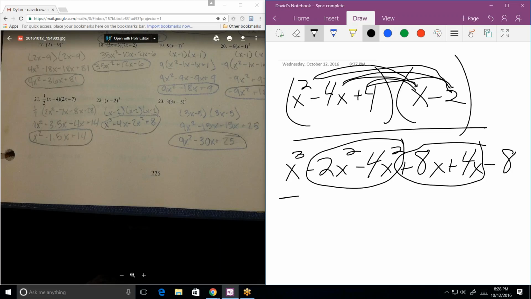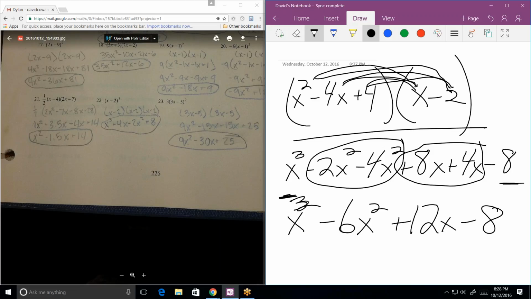The term on the far left and the term on the far right don't have anything to go with. So you get x cubed minus 6x squared plus 12x minus 8. Is that what you got? No.